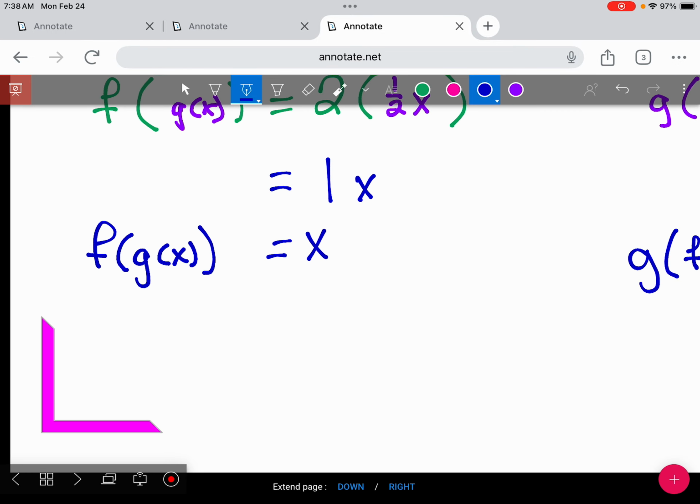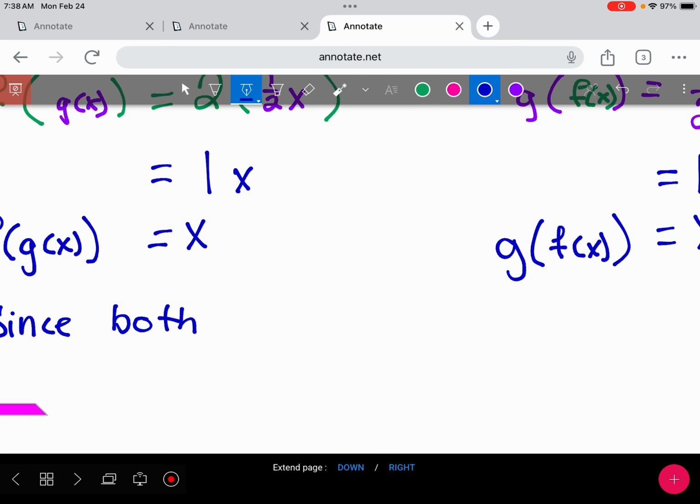So what we can say, and how we say that this proves it, is since both compositions, which I will write when I sit back down, because if I try and write while talking and walking, it's going to be a mess. Since both compositions equal x, these are inverses. That would be the technical way of saying it. Since both compositions, you can also say since f of g of x and g of f of x, it means the same thing.